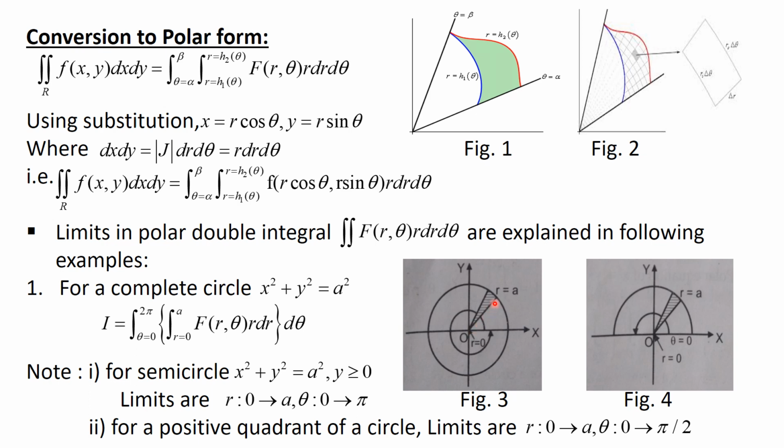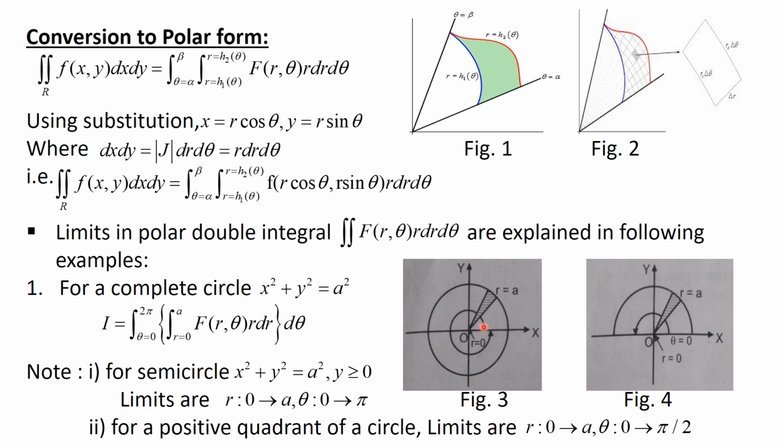What is r? r is the radius of these different circles, where the smallest circle is r equal to 0 itself, and the largest circle, which is the boundary for r, is r equal to a. So r varies from r equal to 0 to r equal to a.